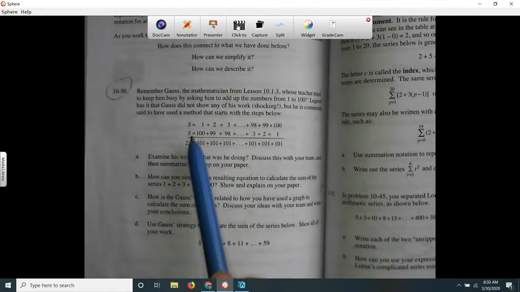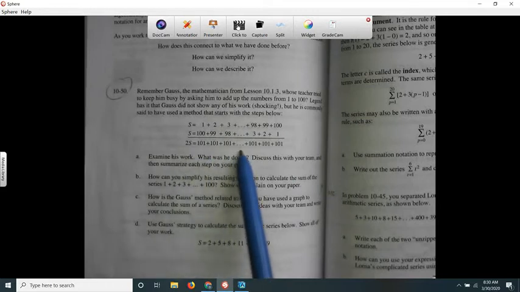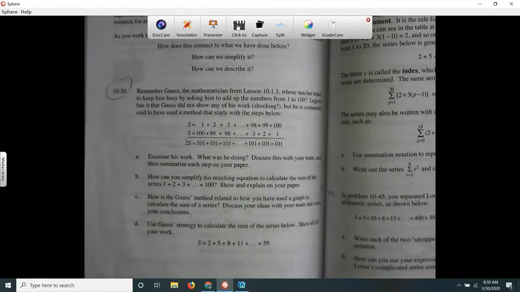And S plus S is 2S. So if he knew how many pairs there are, he would just be able to find however many pairs there are and then divide by 2, which is what we've kind of been doing. We've been saying take the first thing plus the last thing and then multiply by half, or multiply it by the amount of pairs there are.